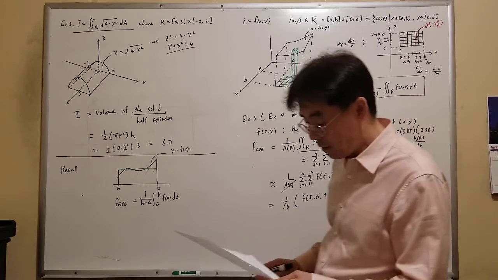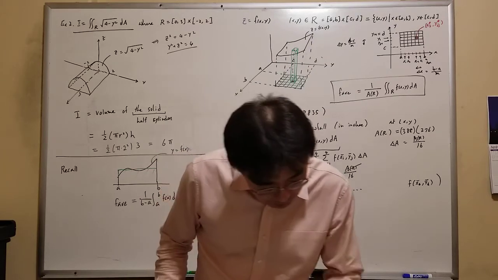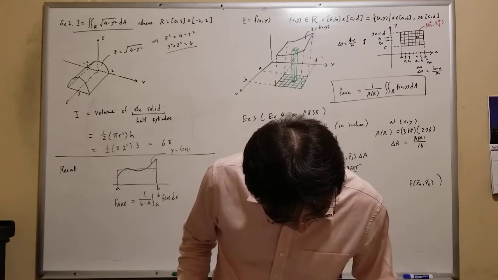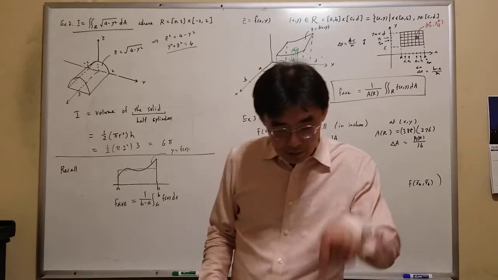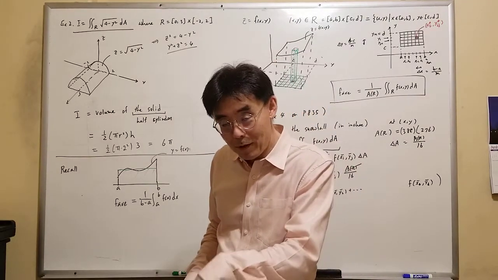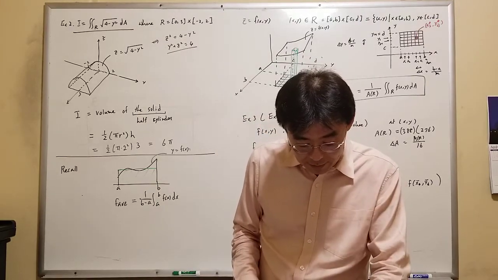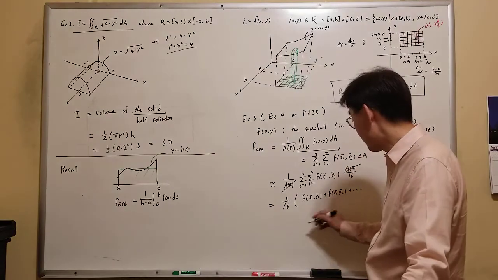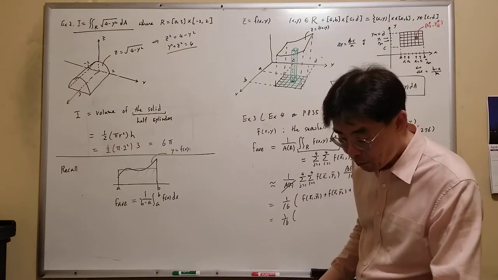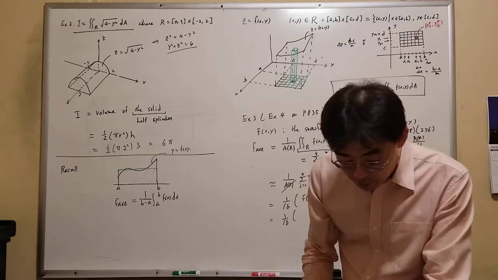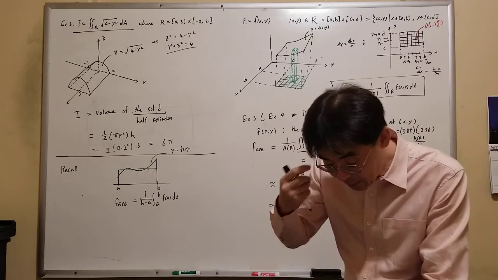So if you take a look at the textbook, you see, page 836, all right? They put these midpoints on each of those 16 subrectangles, and they calculate the function value over there. The very first one, lower left corner, well, if you look at the contour map, it is 0.